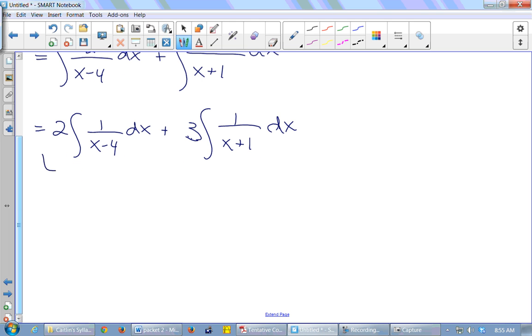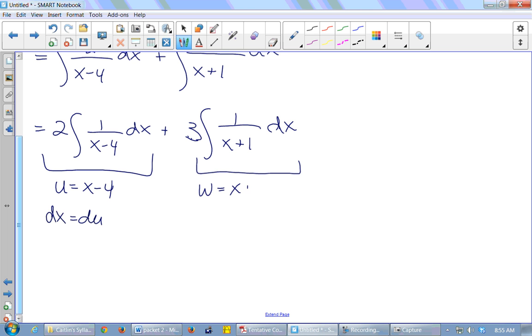So for this guy, let's say u is going to be x minus 4, which means that du dx is 1, right? So dx equals du. And then in this guy, we should probably use a different variable because the u's will be different. So I should not use the same letter to represent a different thing. So maybe I'll use w. This one will be x plus 1. And so dw dx, again, is just 1, which means that dx equals dw.